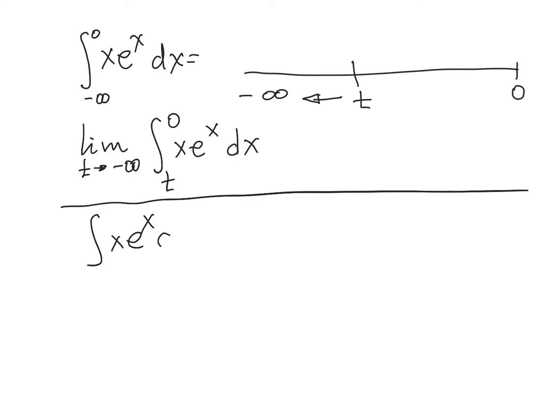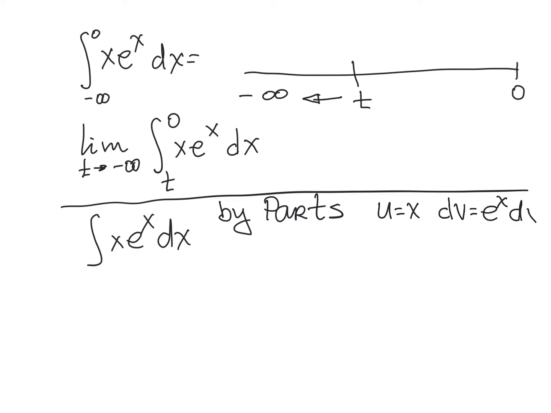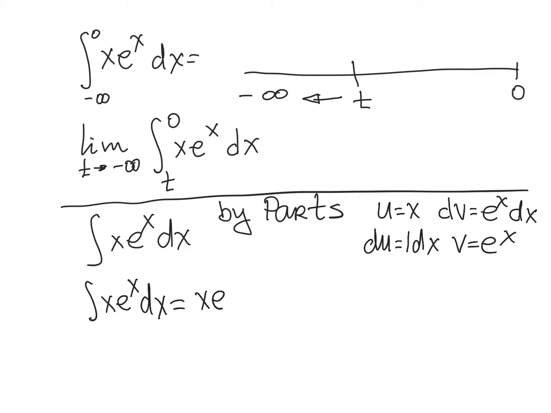So our first task here is to find an antiderivative of x e to the x, and we're going to have to do it using integration by parts with u equal to x and dv equal to e to the x dx. So then du would be 1 dx, and v is e to the x, and the integral is u times v, which is x e to the x, minus the integral of v du, which is just the integral of e to the x.